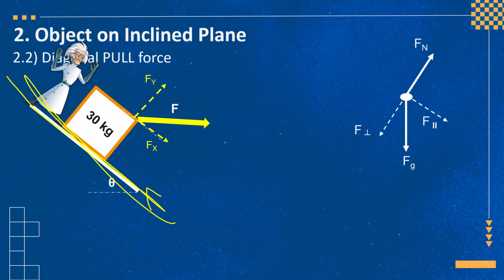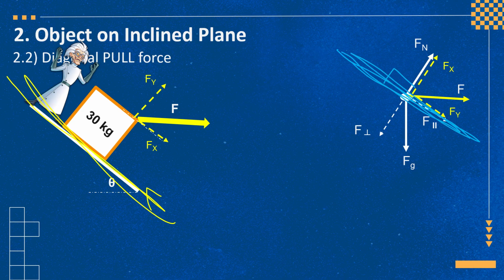And when I draw the force diagram, I always start off with my usual suspects, the normal force, the gravitational force. There's my surface, so normal force is perpendicular. And if I then add this yellow applied force, it will be up. Remember, the blue line is your surface.